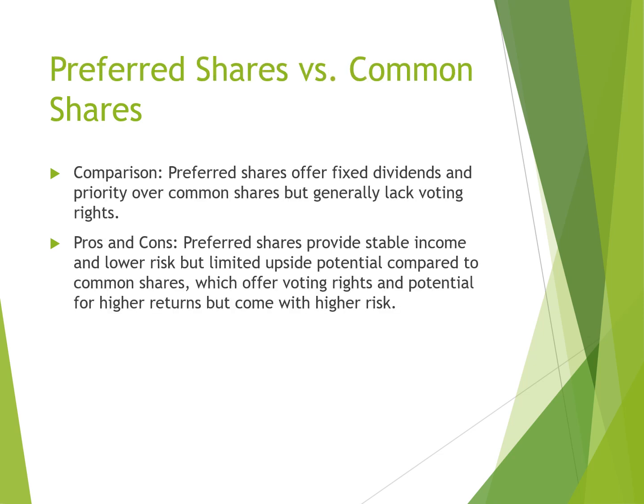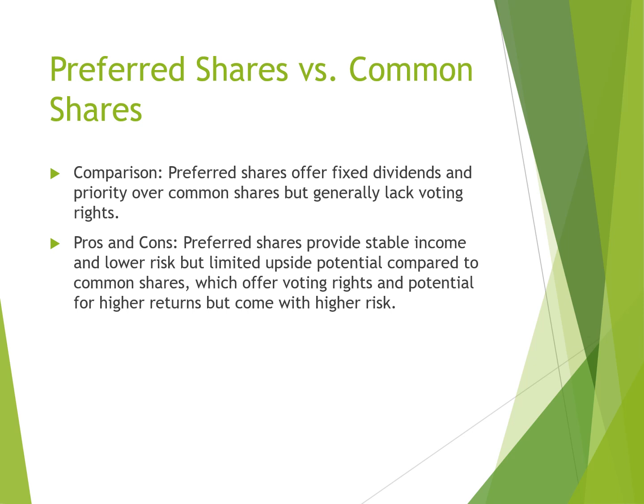Now, what is the comparison between preferred shares and common shares? The preferred shares normally offer fixed dividends and priority over common shares, but generally they do not get any voting right. Only equity shareholders get voting rights.